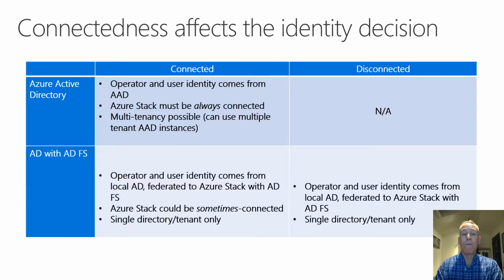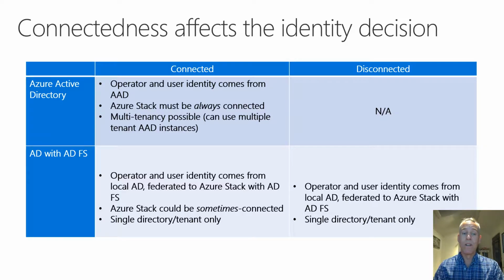As you'll know from some of the previous conversations in this series, there are two possible identity sources for use with Azure Stack. The primary one that we encourage people to adopt is to use Azure Active Directory. That means that the identity of the operators and the identity of the users that connect to the portal and do stuff comes from an Azure Active Directory tenant.